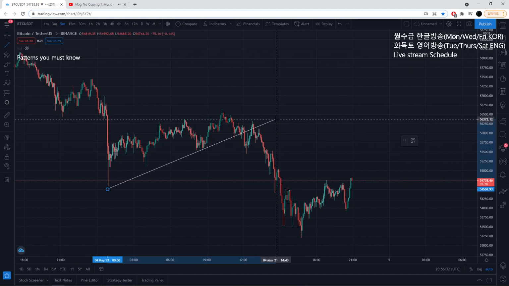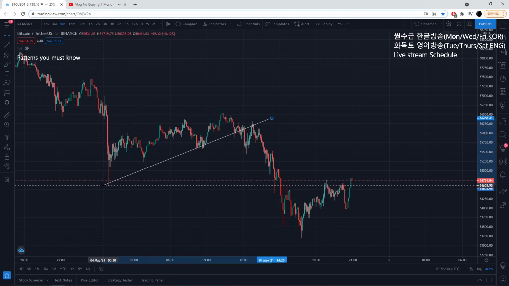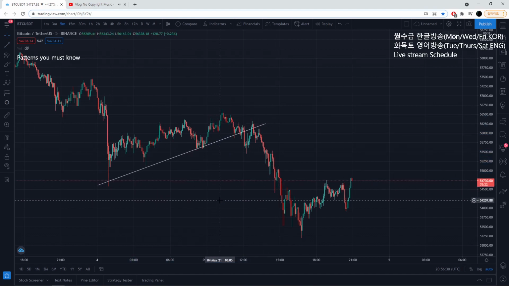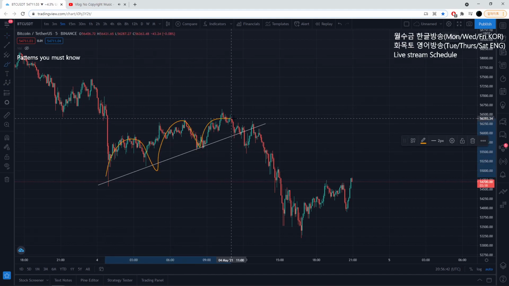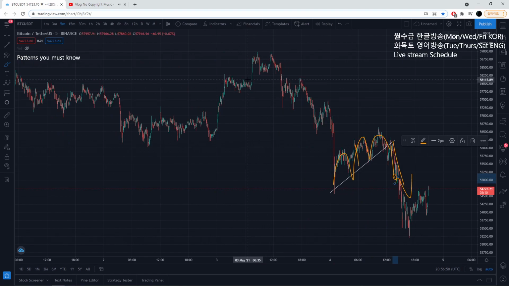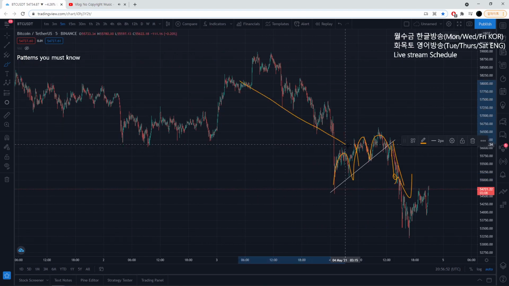Some people could have said that was a head and shoulder, right? Some people who do not count Elliott wave theory could have said this was a head and shoulder, and it fell at least this much, right? One could say that's a head and shoulder, but the head is not high.